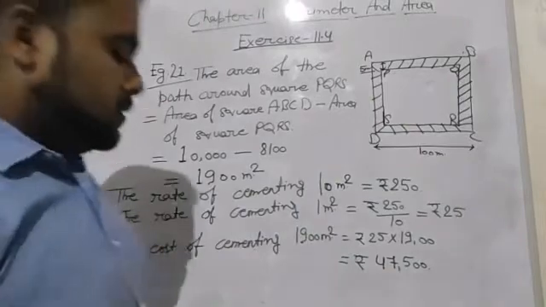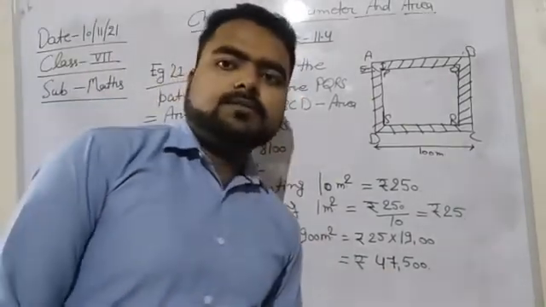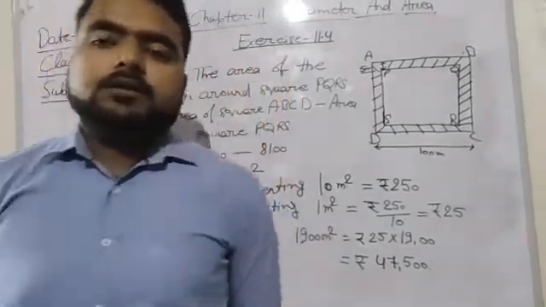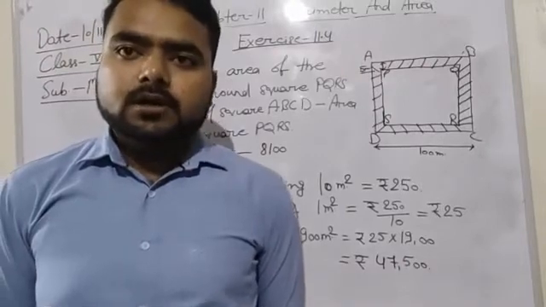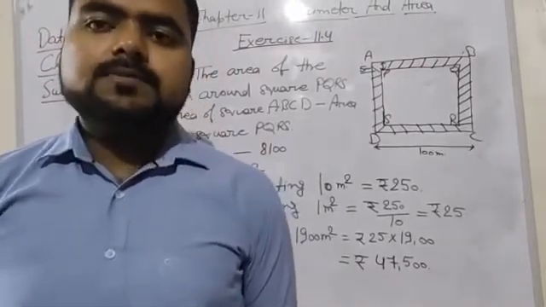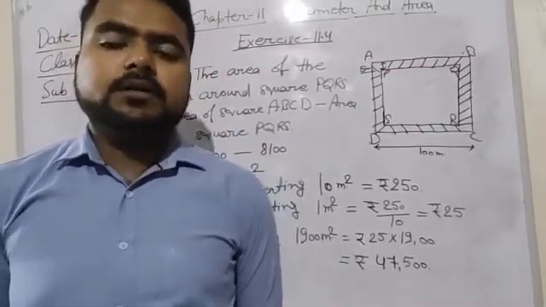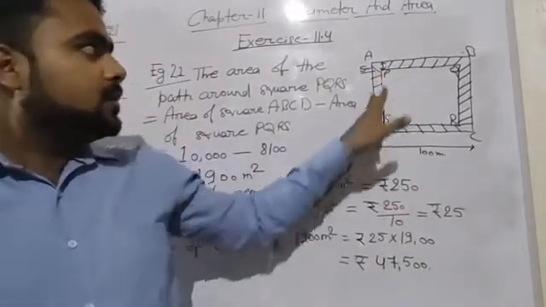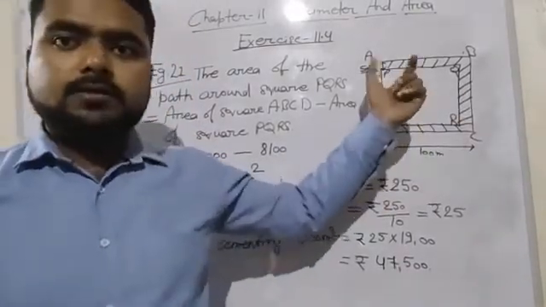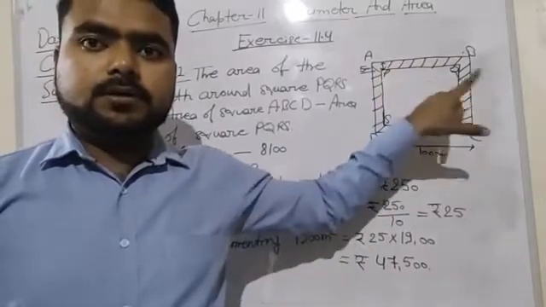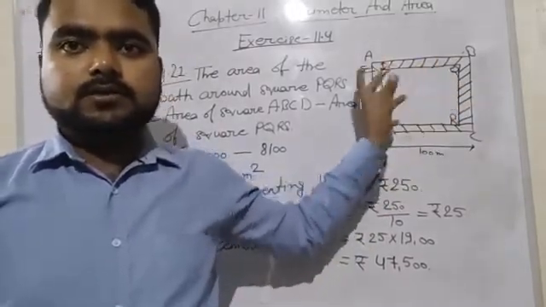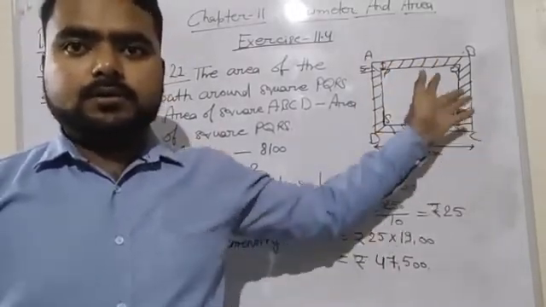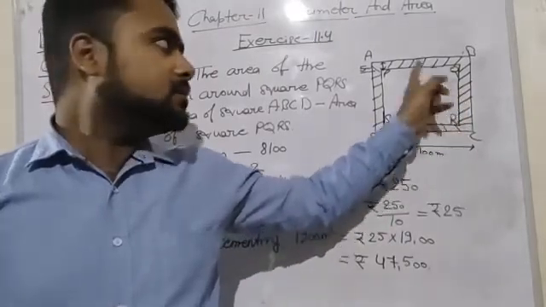Okay. So in the question there is a square field named PQRS, and around it there is a path. Okay. So when we include the path around the square PQRS, we have another square shape, that is ABCD.